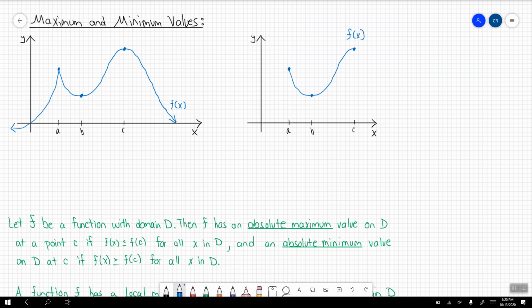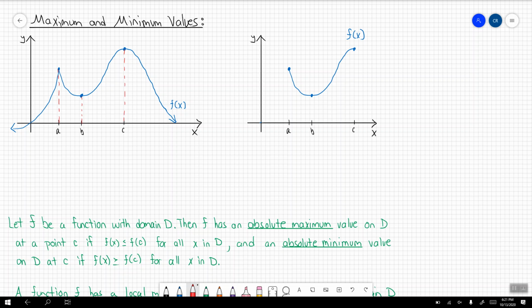So as I start looking at my function, f of x on the left-hand side of the screen, what I want you to notice, again, is that we have this maximum value that is attained at this x value for a. We have a minimum value at this x value for b, and we have another maximum occurring at this x value for c.